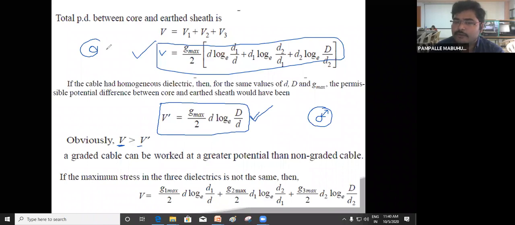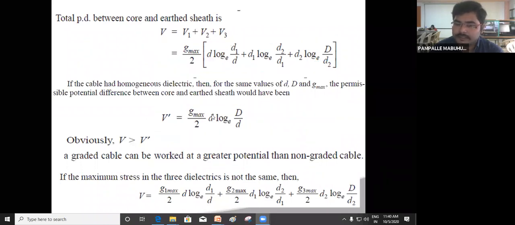If you don't use capacitance grading, the operating voltage will decrease, and your cable will get damaged early. If you use capacitance grading, it will withstand higher voltages, and that means higher dielectric stresses also. So this is about capacitance grading.